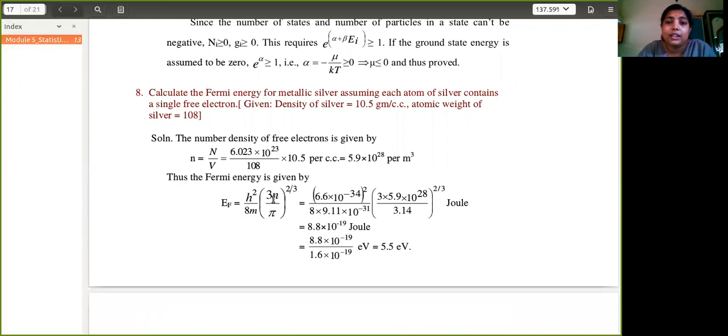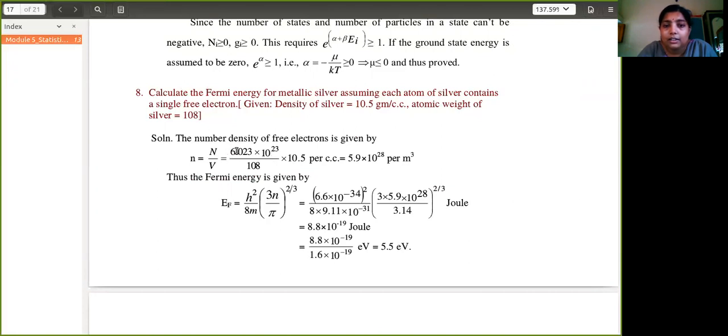That is how many electrons there are in one unit volume. That is why you have to find out N by V. n equals N by V, equals 6.023 into 10 to the power 23, which is the Avogadro number, divided by the atomic weight of silver, into the density, which will give you the number of electrons per unit volume.